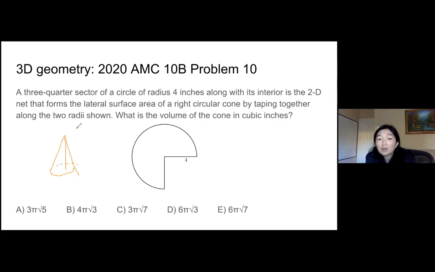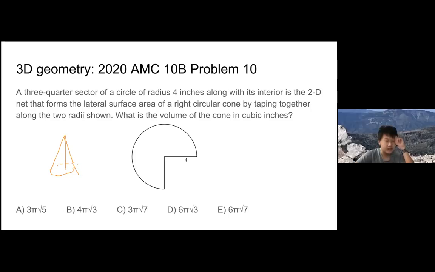Derek, can you explain what's a lateral surface area? I think the students may need to get more familiar with lateral surface area, right? That means like this part of the surface area. It's the whole thing except for the base. So basically you'll have like an ice cream cone, except it's upside down.